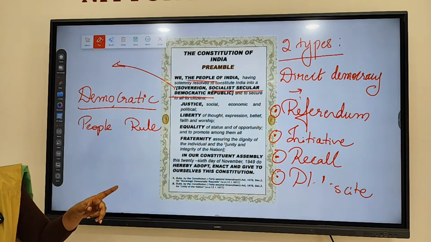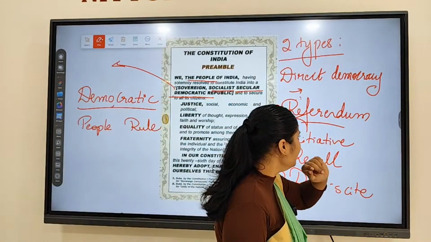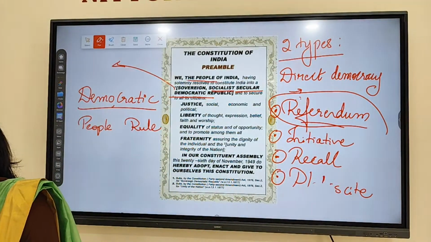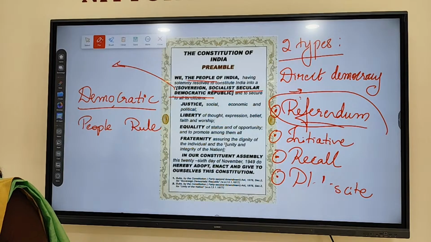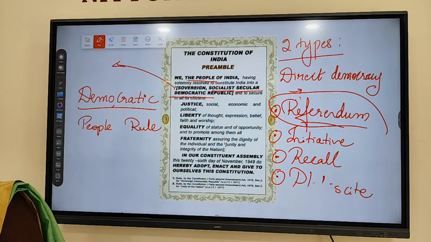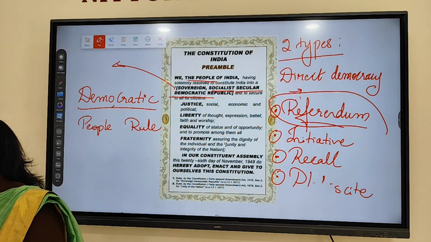Understood? But this referendum, it was utilized in India. Referendum. There were 3 princely states. They didn't agree to join India. Do you know which are those? Hyderabad, Jammu and Kashmir, and I also forgot the name.